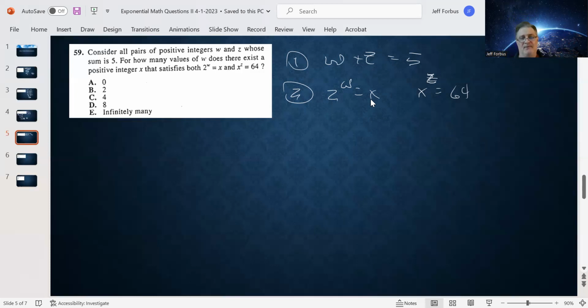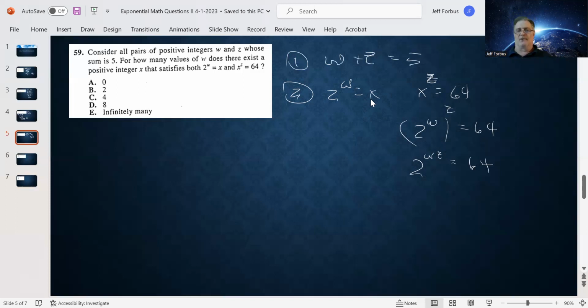So let's replace that into x raised to the Z power, or substitute it in there, in other words. 2 to the W raised to the Z is equal to 64. Well, that's really saying 2 raised to the W times Z is equal to 64.